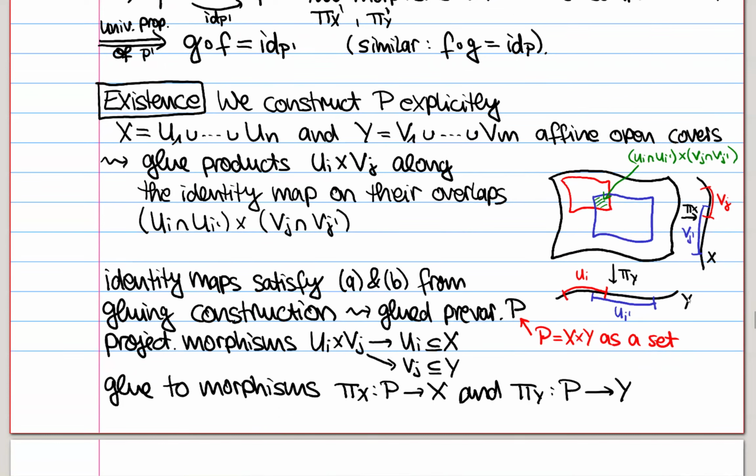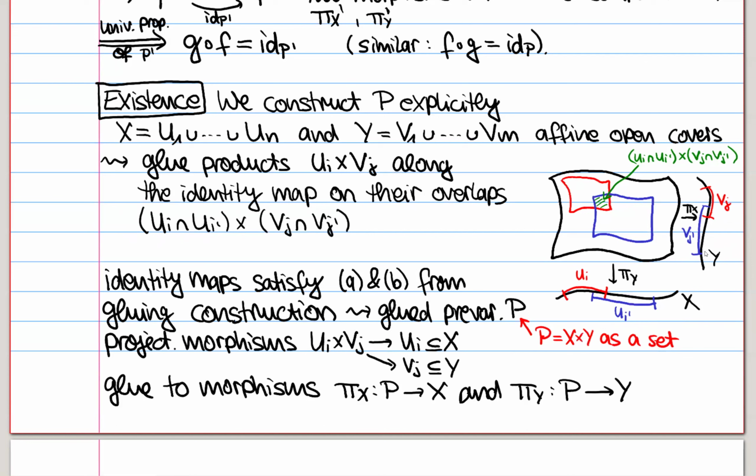So look at this picture, which of course, I swapped the order of U and V, but never mind. Sorry, this should be Y, this should be X. X is covered by the U_i, Y is covered by the V_j.